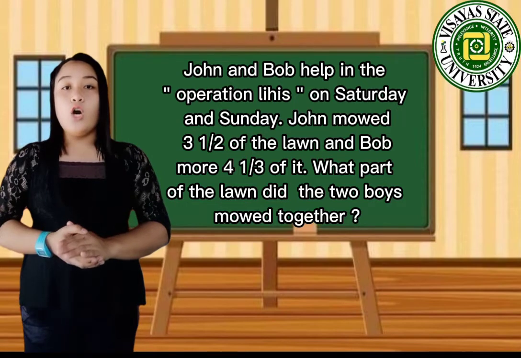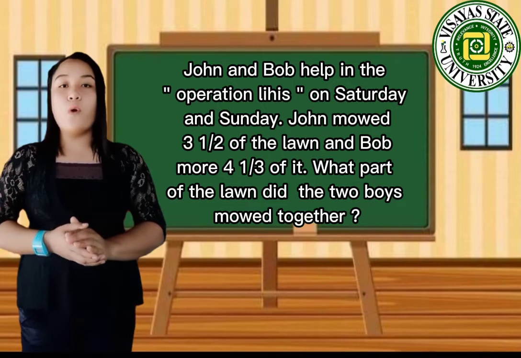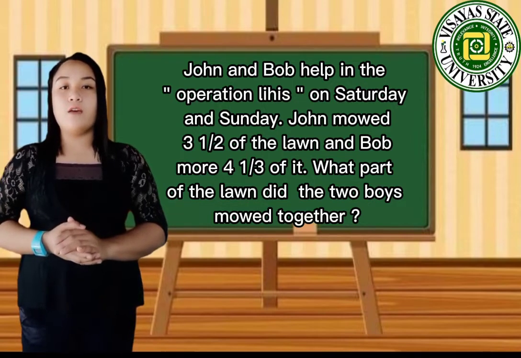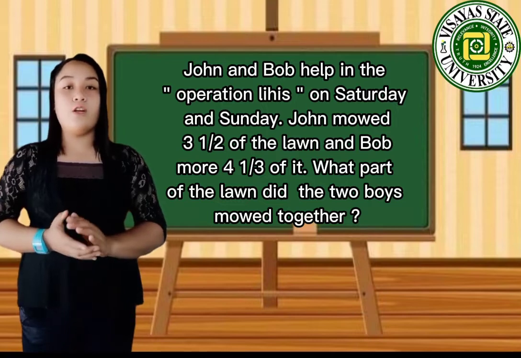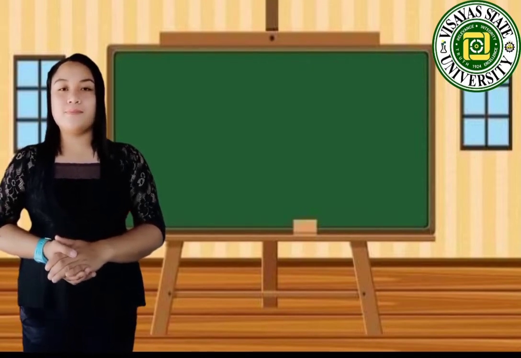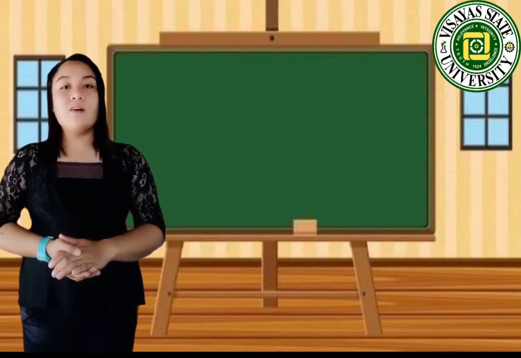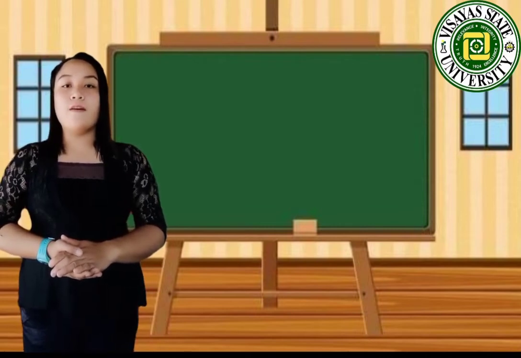On Saturday and Sunday, John mowed 3 1/3 of the lawn and Bob mowed 4 1/3 of it. What part of the lawn did the two boys mow together? What is asked? And what are given in the problem?